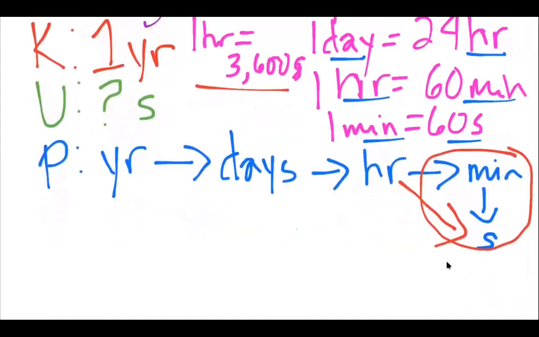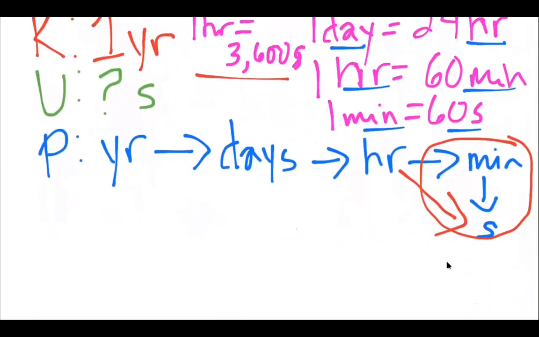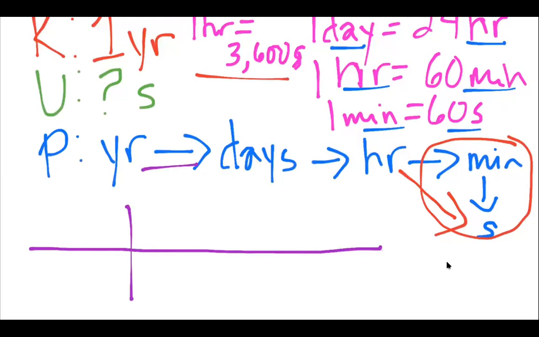Okay. So when you set up these dimensional analysis boxes, you're going to have a horizontal line. And then every so often you're going to have a vertical line. I like to just do my first vertical line because I don't know how long my problem is going to be, so I don't know how many vertical lines I'm going to need. Now, if you've already done your plan, then I know that I'm going to have 1, 2, 3, 4 steps.